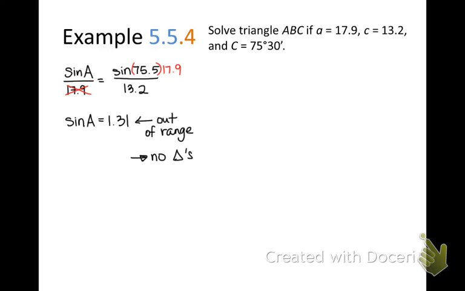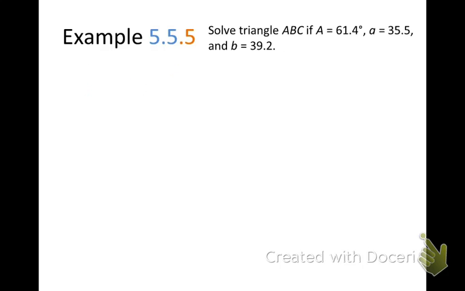All right, let's look at the next example. Again, you'll notice that we're given an angle, the side opposite to it, plus an additional side. So this is an ASS situation, and we're going to start the exact same way that we just did. We'll start by finding the angle that I don't know.